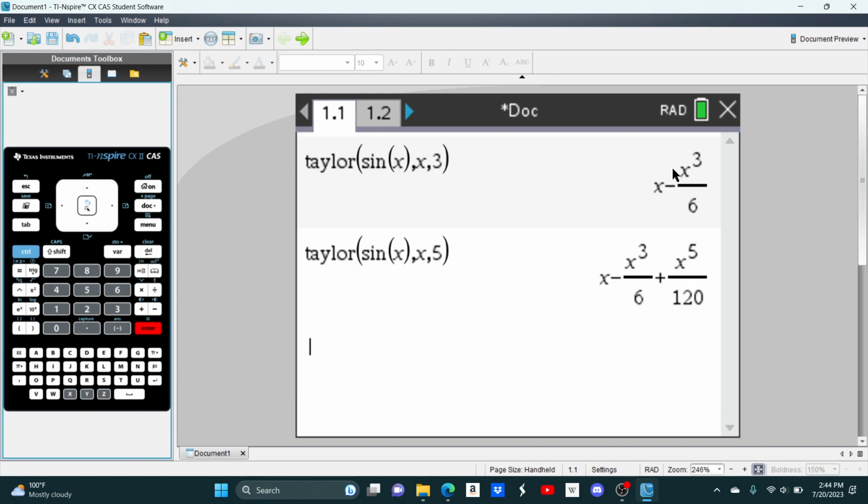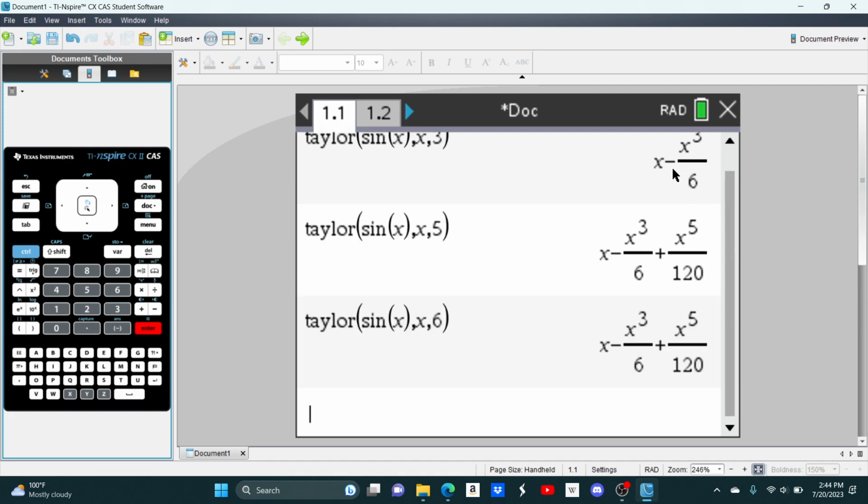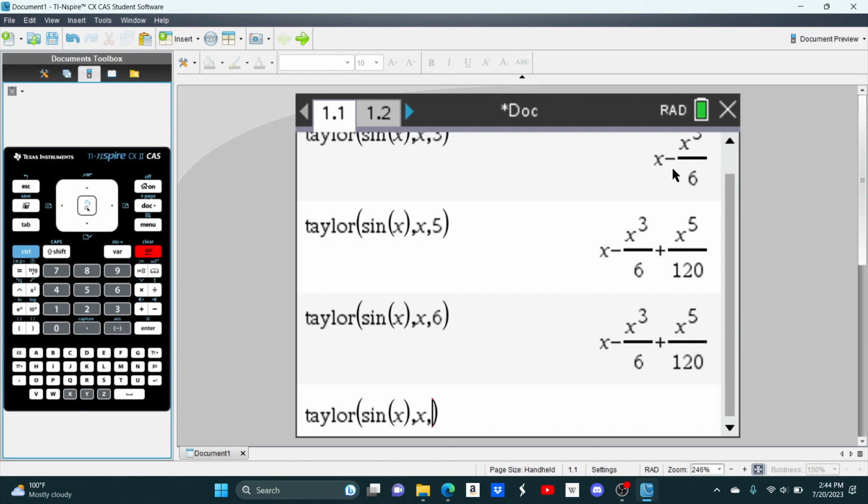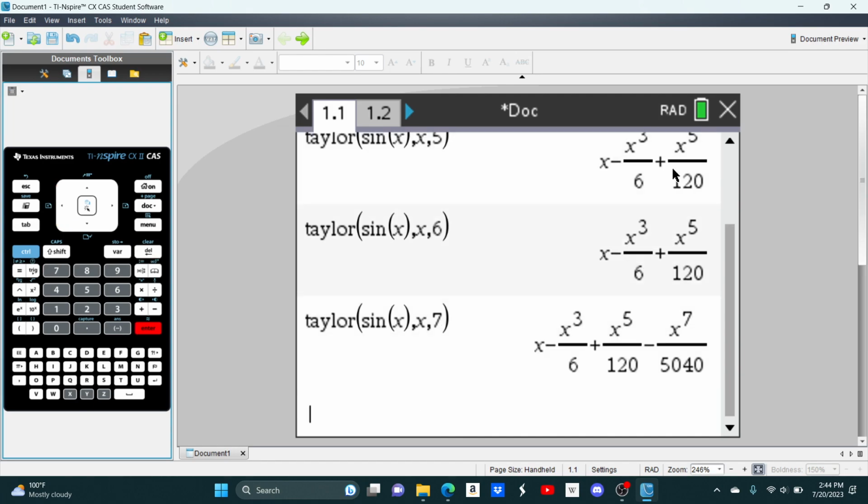So if I do comma 5, you see now it's expanded a little more. If I do comma 6, there is no x to the 6th in the expansion of sine of x, so it just goes back down to 5. This is actually what's called a Maclaurin polynomial, because the estimation is centered around x equals 0.